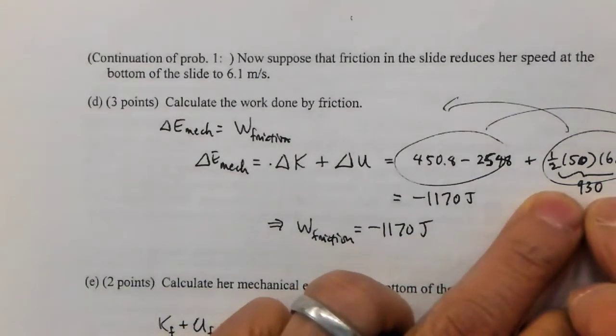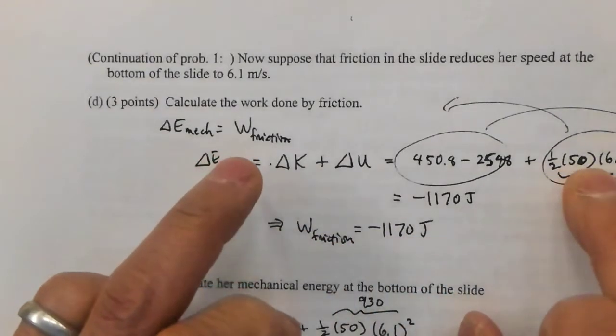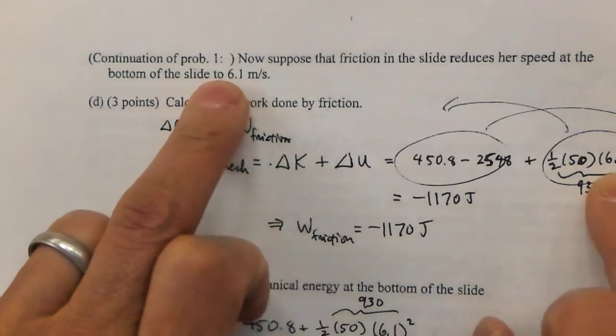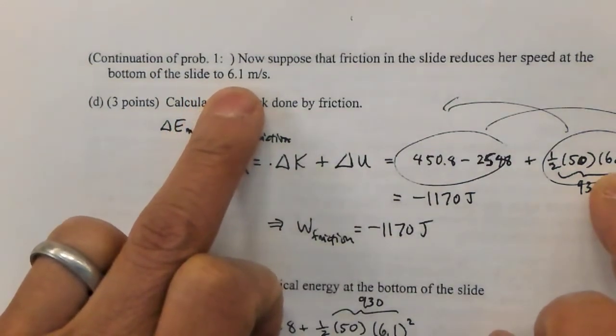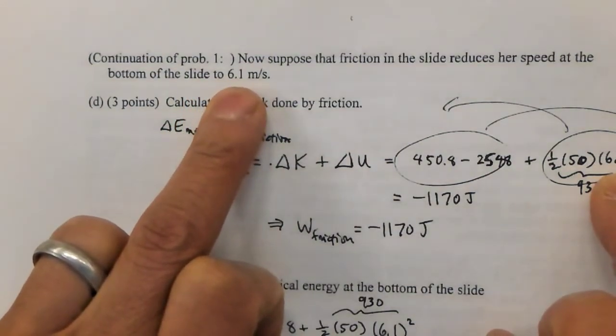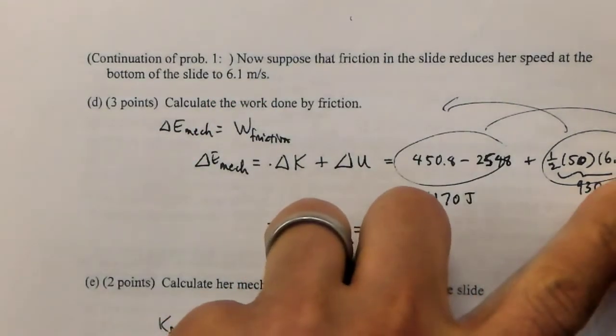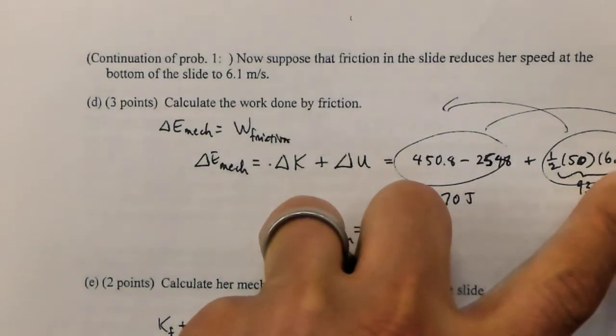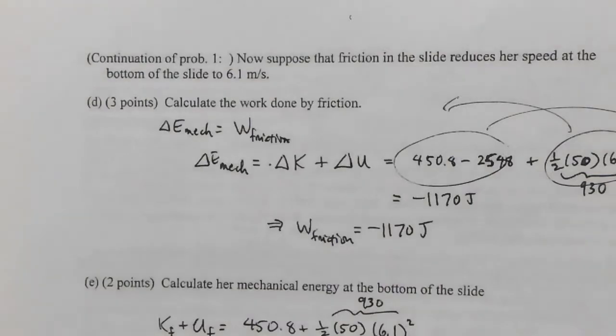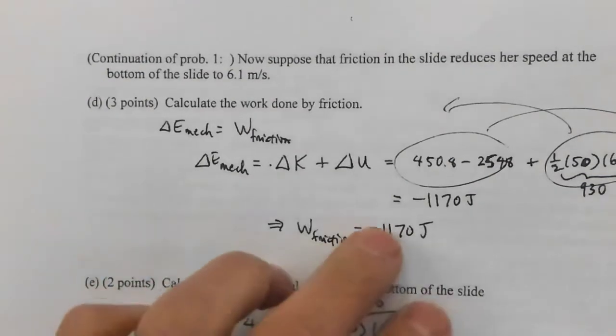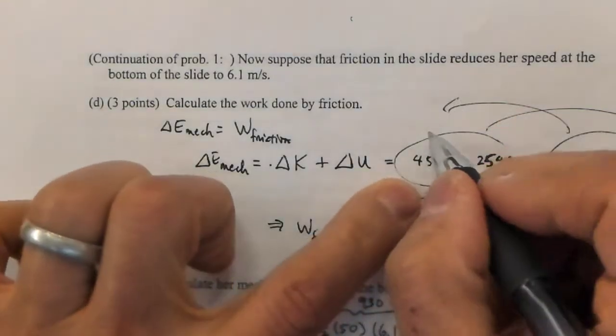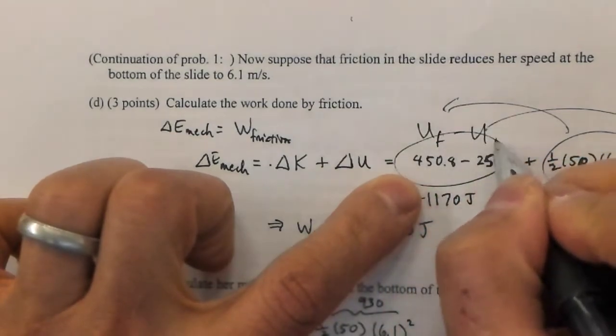Okay. So K final is going to be 1/2 times the mass, 50, times the final speed, which is 6.1 meters per second, squared. We also have to subtract the K initial, but that's equal to 0 because she starts from rest. Now we have to get the U final minus U initial.